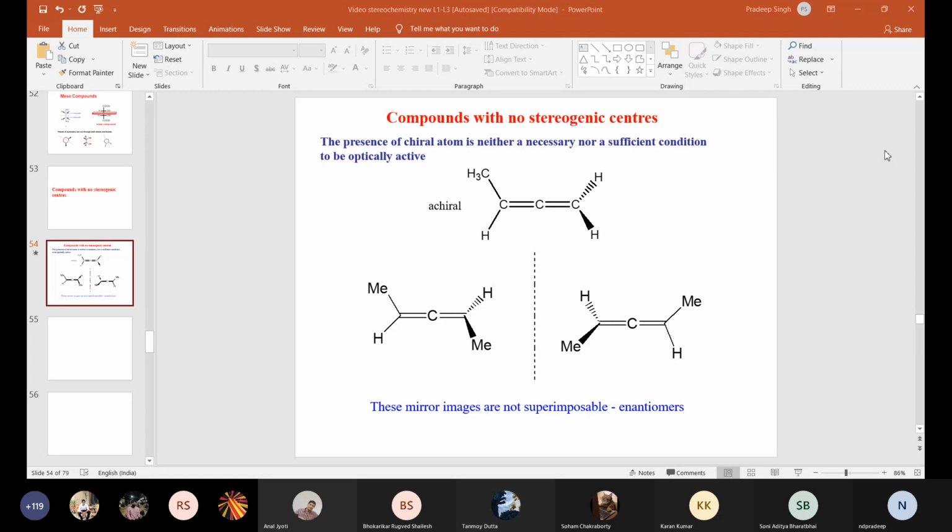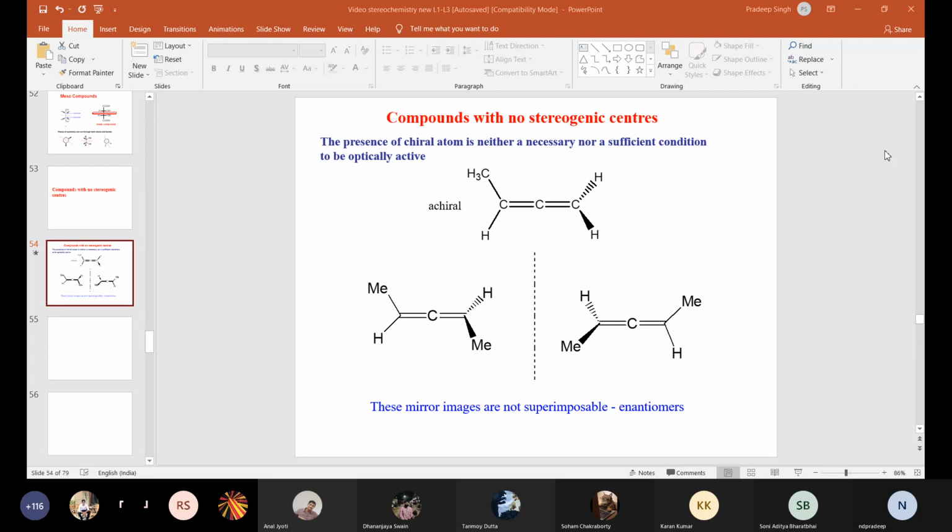Any more doubts? Sir, in the slide, it's written that allenes have no stereogenic centers, but this allene should actually have 2 stereogenic centers, right? No, there is no stereogenic carbon there because they are not chiral; there are not four different substituents on the carbon.